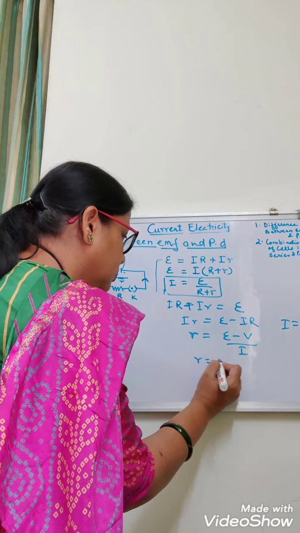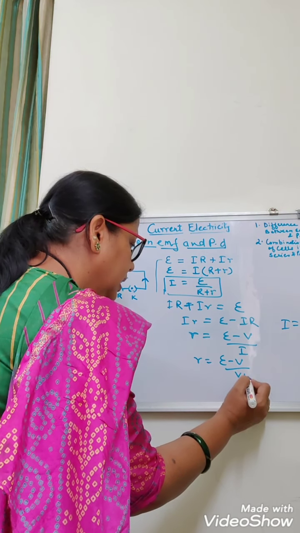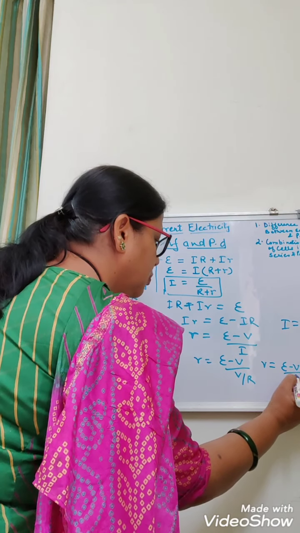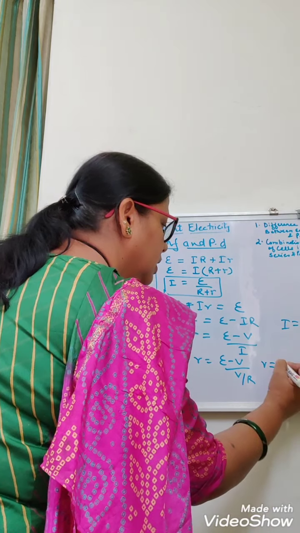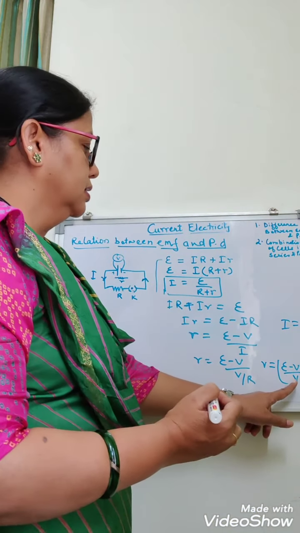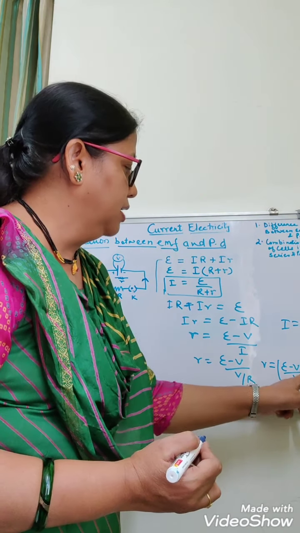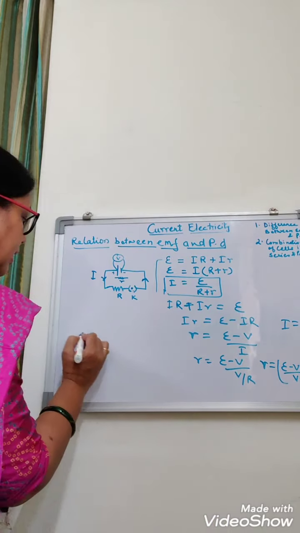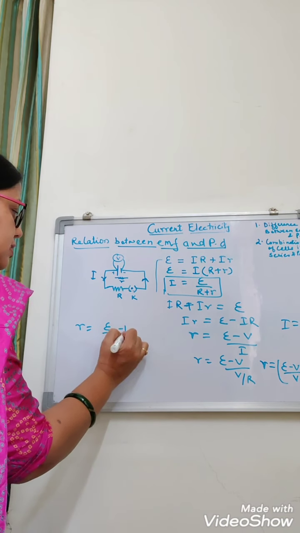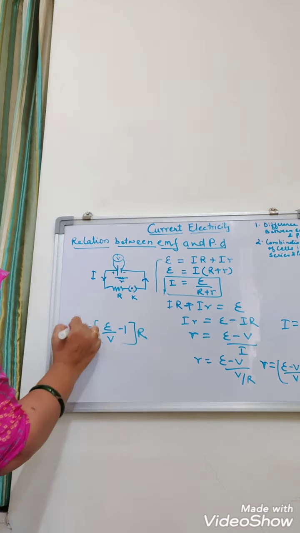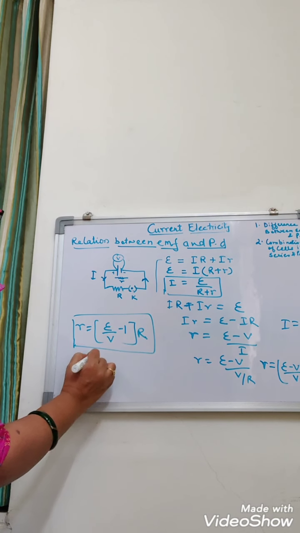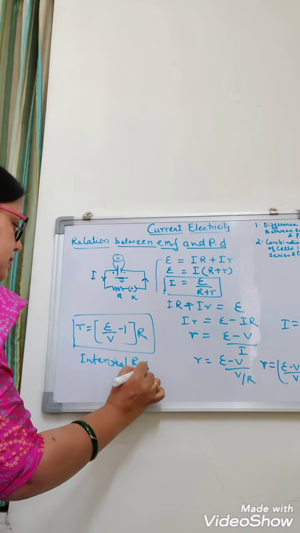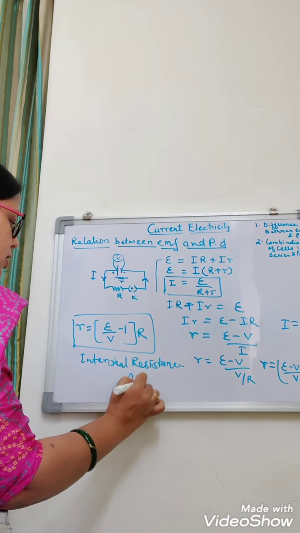So therefore r is equal to E minus V upon V by R. If I take the reciprocal, I will get r is equal to E minus V upon V into R. If I take the denominator as V and divide both E and V by V, then I will write this small r equal to E upon V minus 1 into R. So this is the expression for internal resistance of a cell.